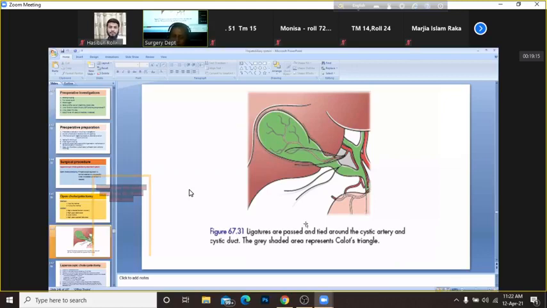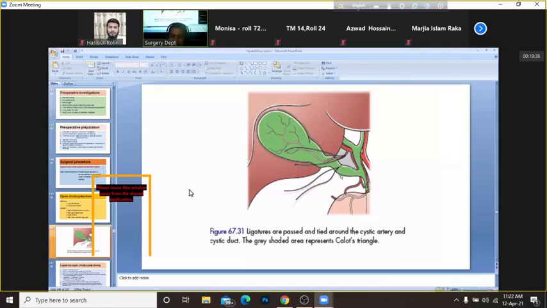So if we want to remove the gallbladder, we have to separate the cystic duct and cystic artery. And for better visualization and to safeguard the common bile duct and common hepatic duct, it is essential to identify the structures of Calot's triangle.